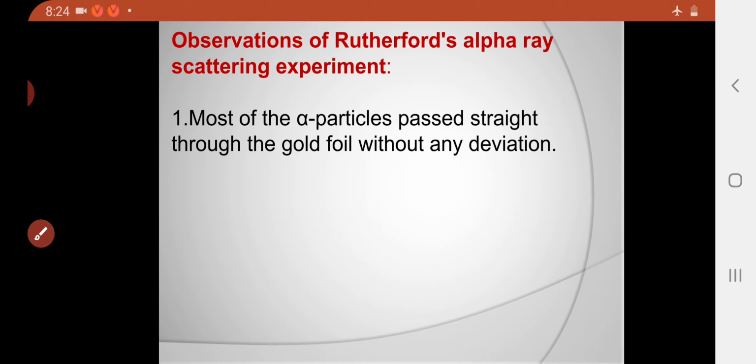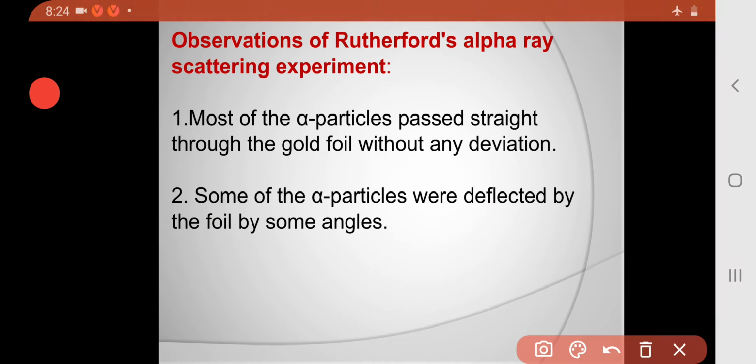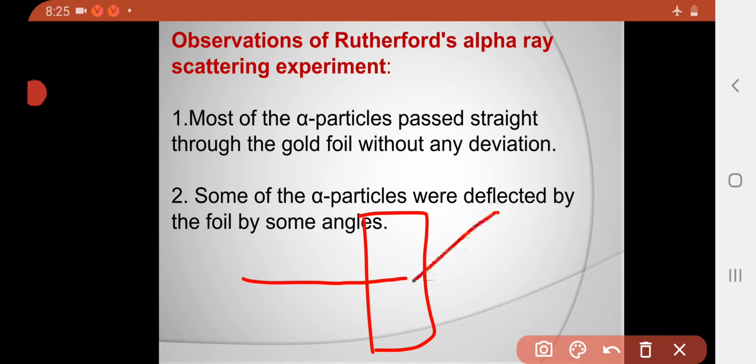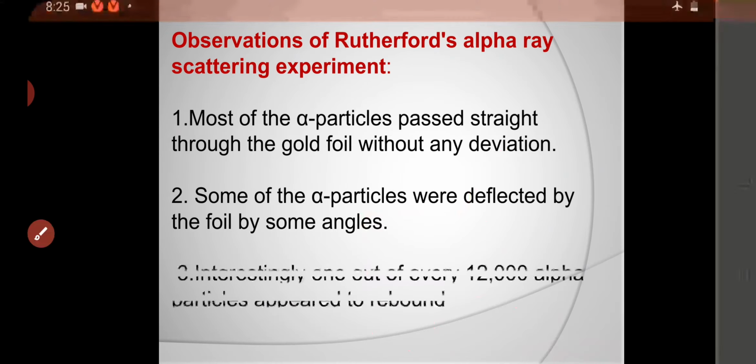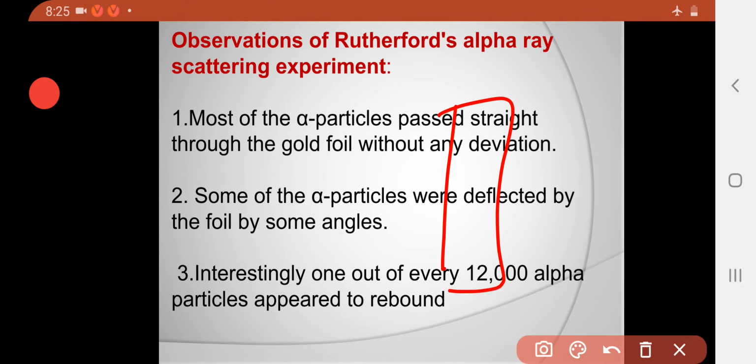Then he observed that some alpha particles were deflected by the foil by some angle, not all. Then interestingly, 1 out of every 12,000 alpha particles appeared to rebound.